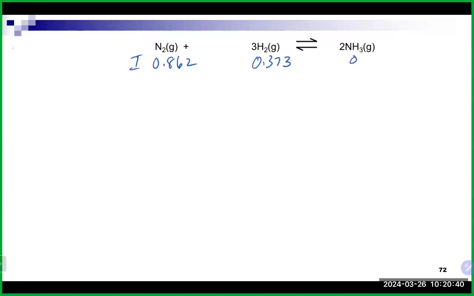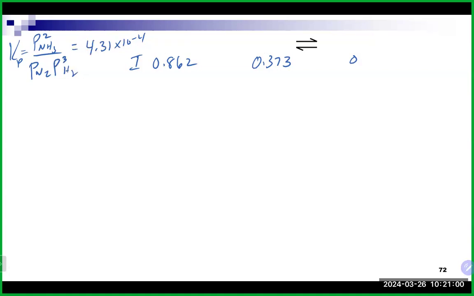Again, our K value is going to be the partial pressure of NH3 squared divided by the partial pressure of N2, times the partial pressure of H2 cubed, and 4.31 times 10 to the minus 4. All right, so the rest of the ICE table here is going to be the same.